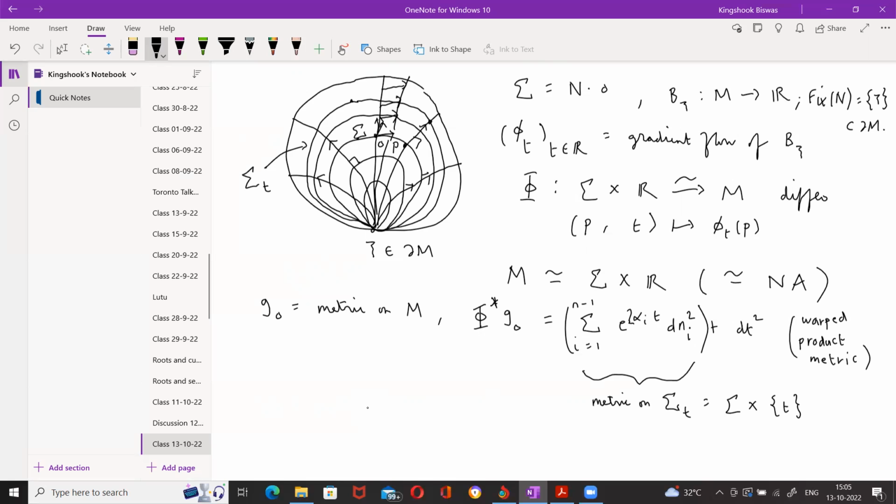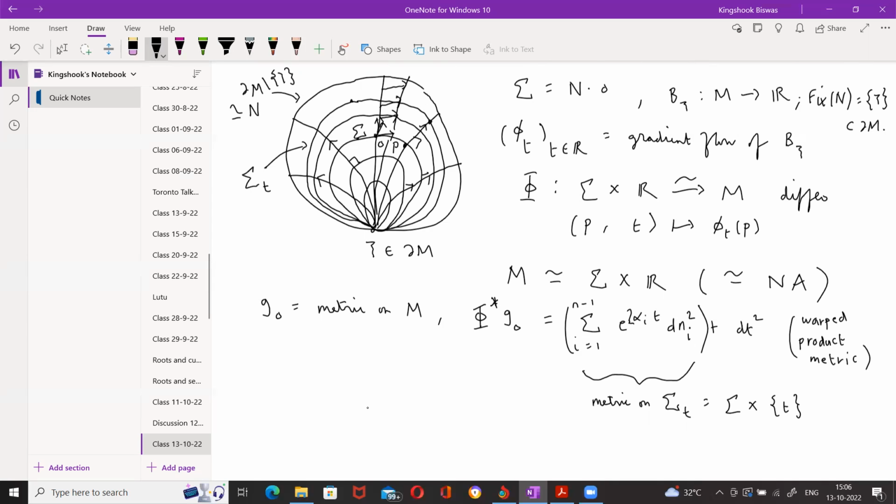What you want is, the sigma_t's in a sense are converging to the boundary, which you're identifying with N. This boundary, M minus xi, you're identifying with N. So the sigma_t's are converging to N, and you want to take a limit of these metrics to get a metric on N. The problem is the alpha_i's could be different.